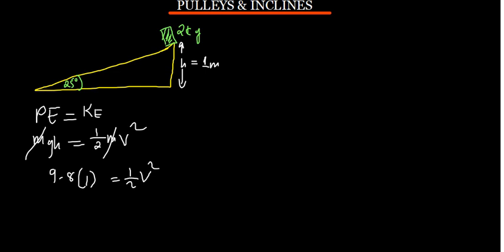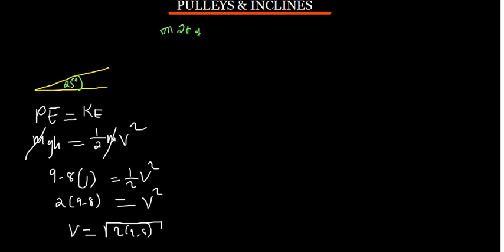So we cross multiply: 2 times 9.8 will be equal to v squared. To find v, simply take the square root of 2 times 9.8. That is what gives us the velocity the box is moving with at the bottom.